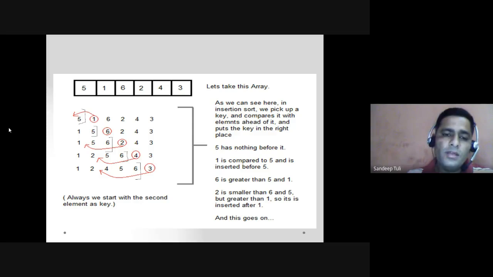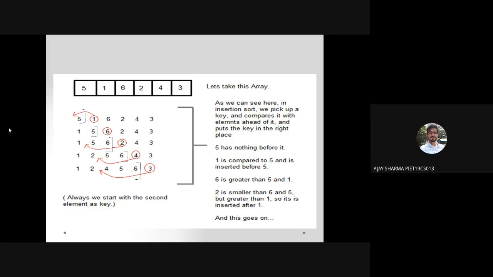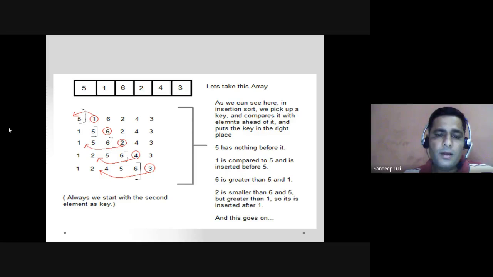This is exactly the randomly chosen numbers, and we have put them into the array: 5, 1, 6, 2, 4, 3. Initially it was 5, then we chose 1 and then 6. It is randomly entered by the user. I have not taken it from my side. You just assume that the user is entering the numbers at random positions.